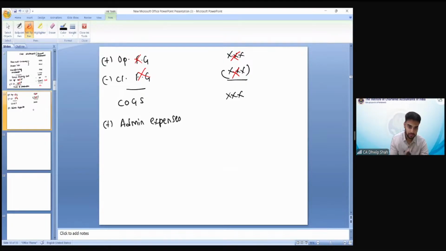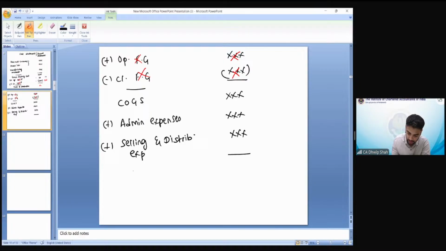Okay? We add admin expenses. Then we have selling and distribution expense. So we get cost of sales.